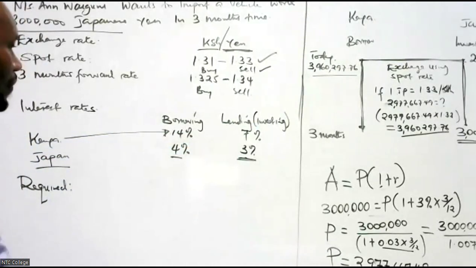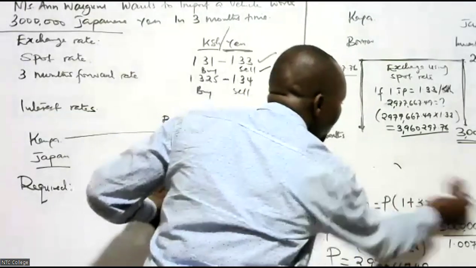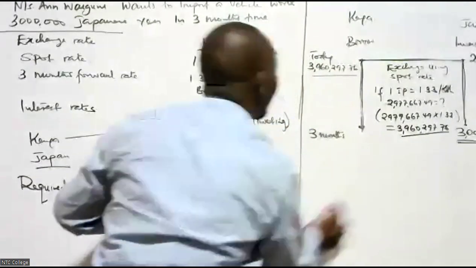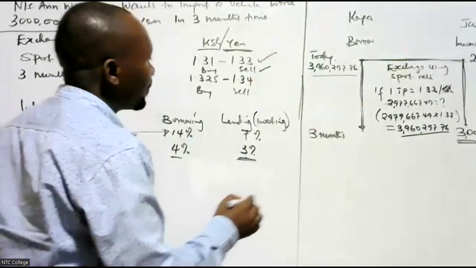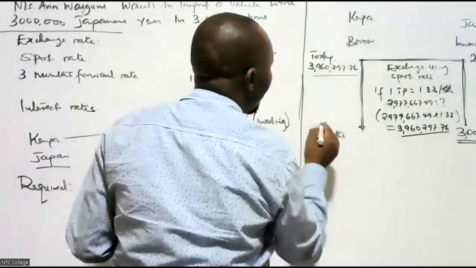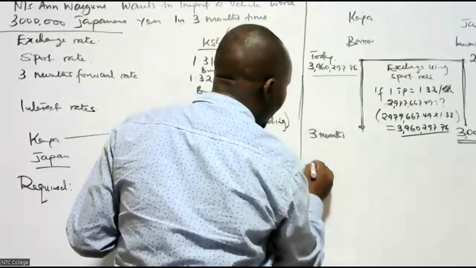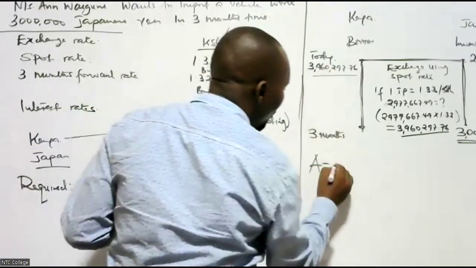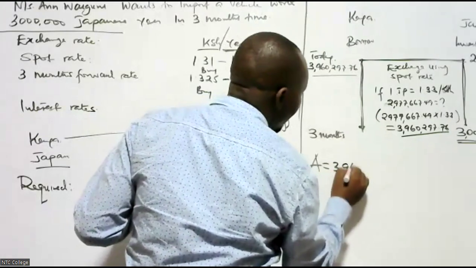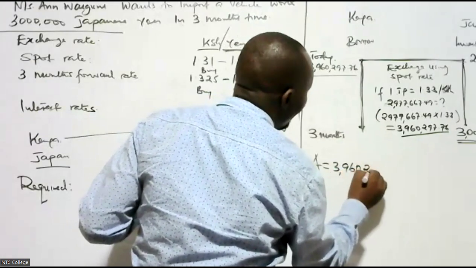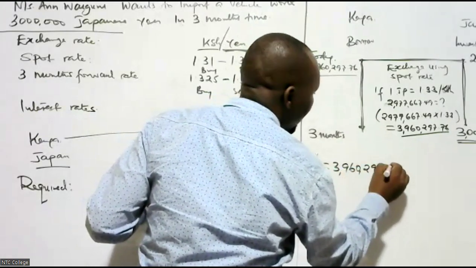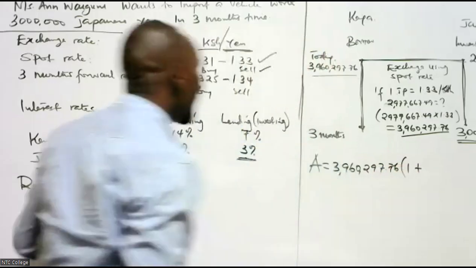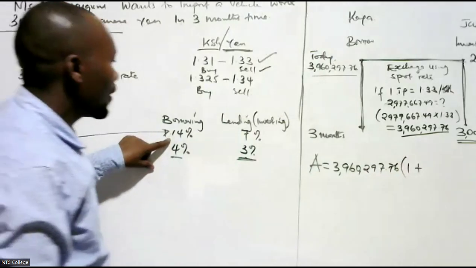Now I'll come and now calculate how much am I going to pay? So you say here in 3 months time, we are going to have the amount that I'll pay. I don't know how much it is, but I know I'll borrow this. It is 3,960,297.76 into 1 plus the borrowing rate is 14%.